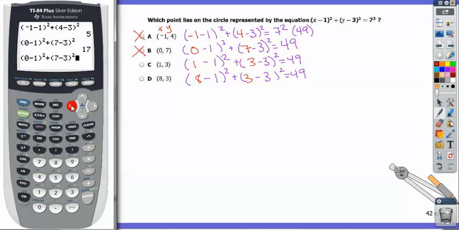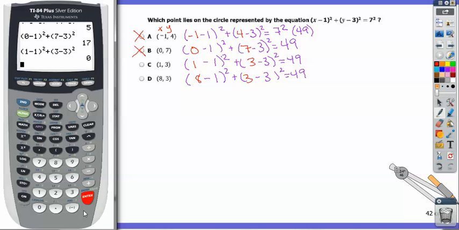Let's do the next one. Second entry. I'm going to go over to the 0. I'm going to type in a 1. And a 3. And I get 0. Well, that doesn't help me either. That's also an X. I'm just going to keep going. It doesn't take too long, as you can see.